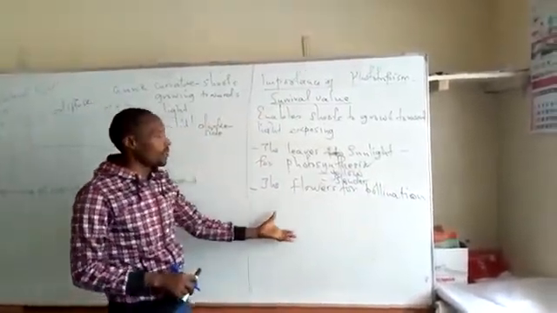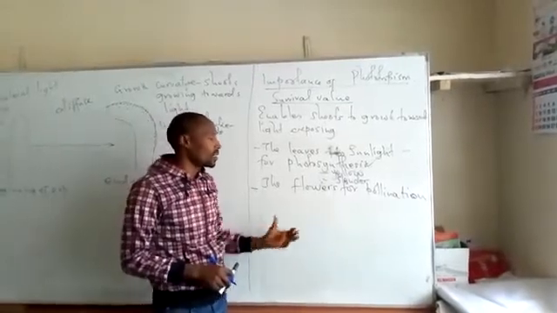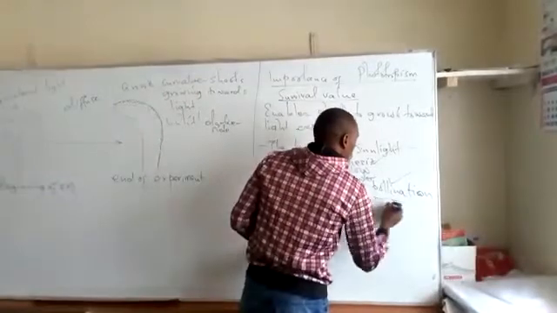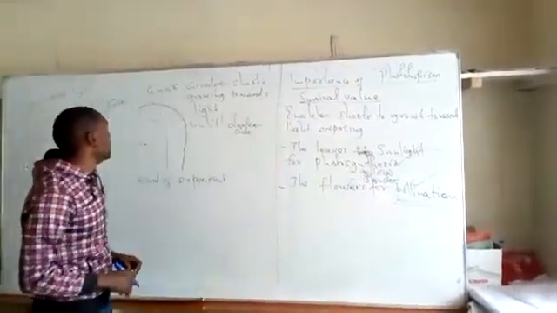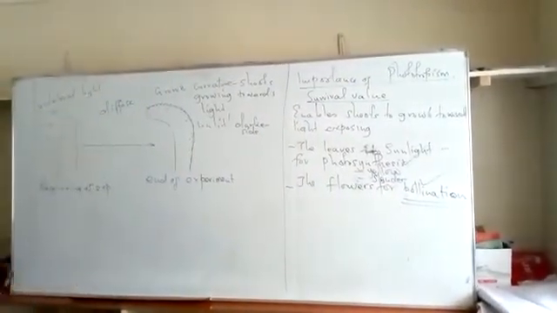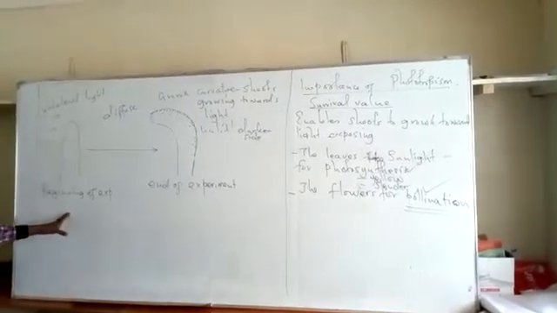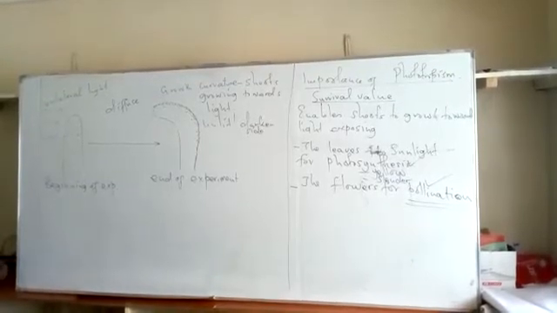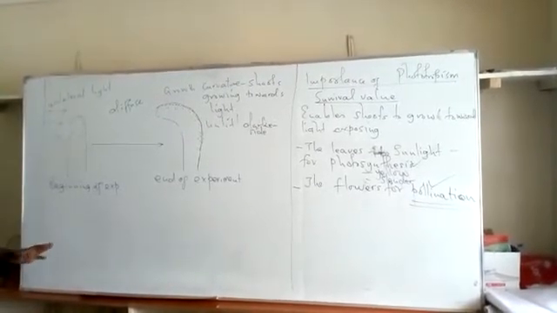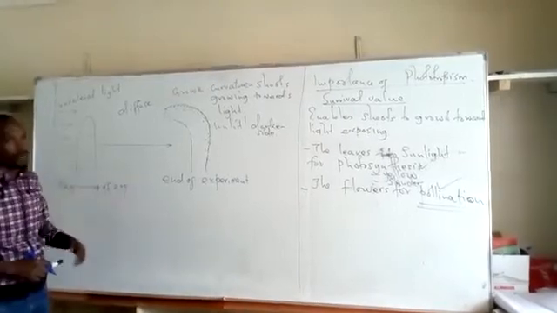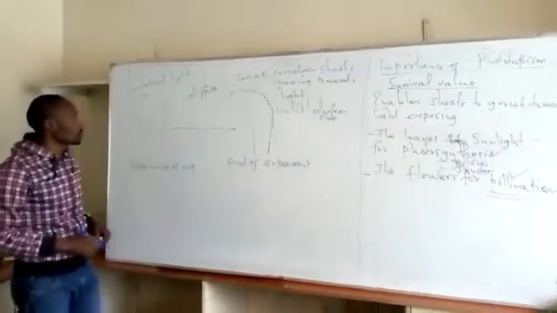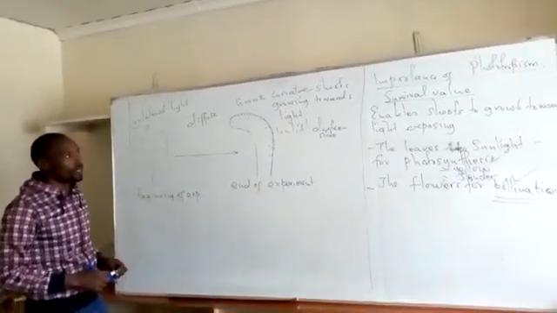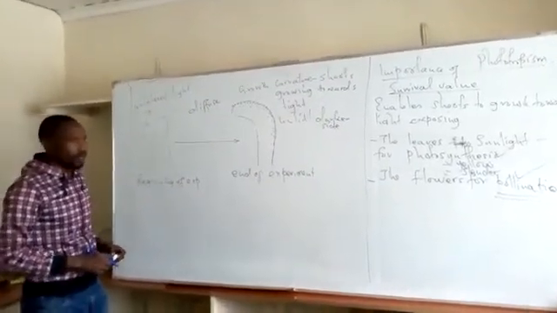And for the flowers, this is a way of exposing the flowers for pollination to occur. So, as we have said, auxins are very important for the survival of the plants. Therefore, we must always look at the effect of increasing the concentration of auxins in the shoot tip, and the effect of increasing the concentration of auxins in the root tip.